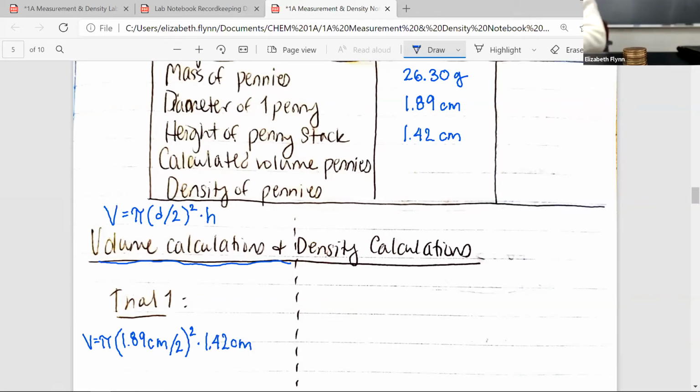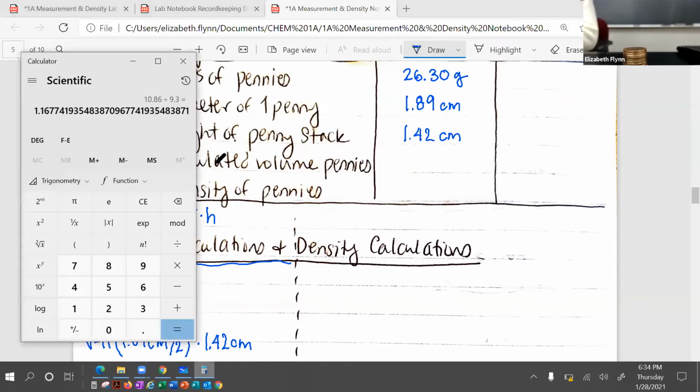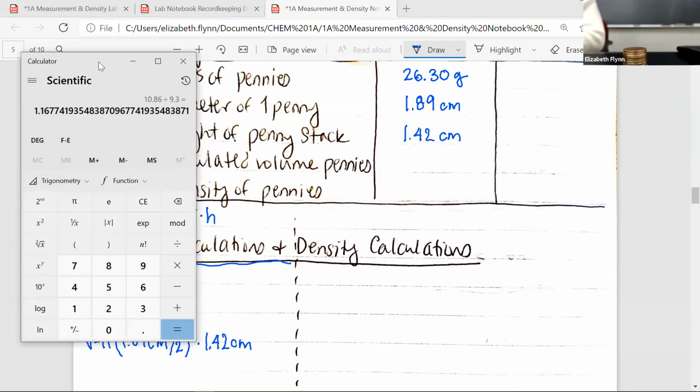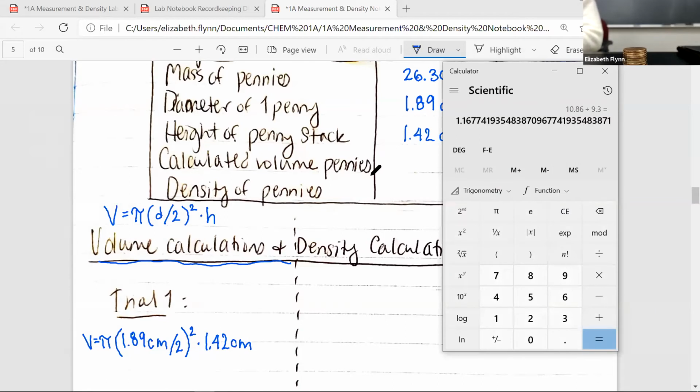So let's get our calculator. So let's do this. We've got our pi button somewhere. Right here, right? Pi times, let's do parentheses, 1.89, close parentheses, and squared.